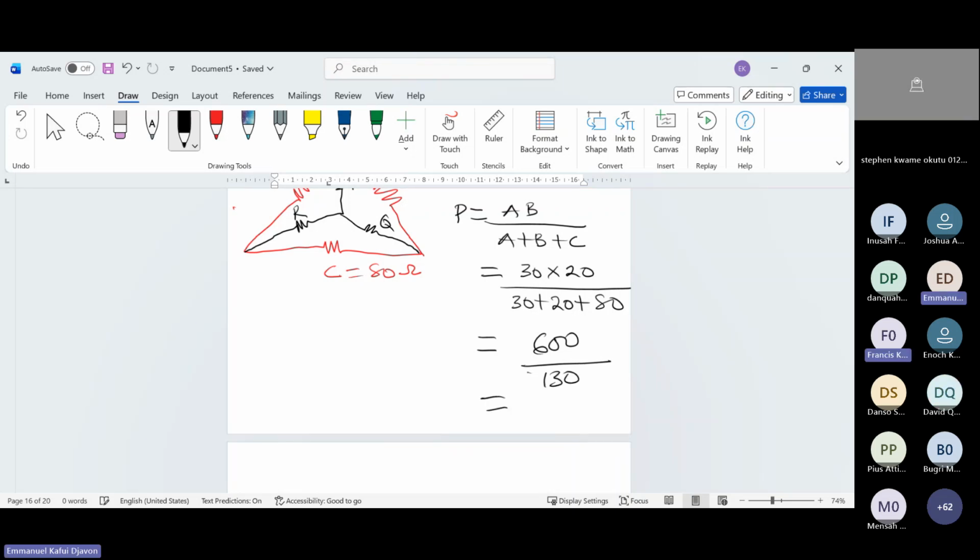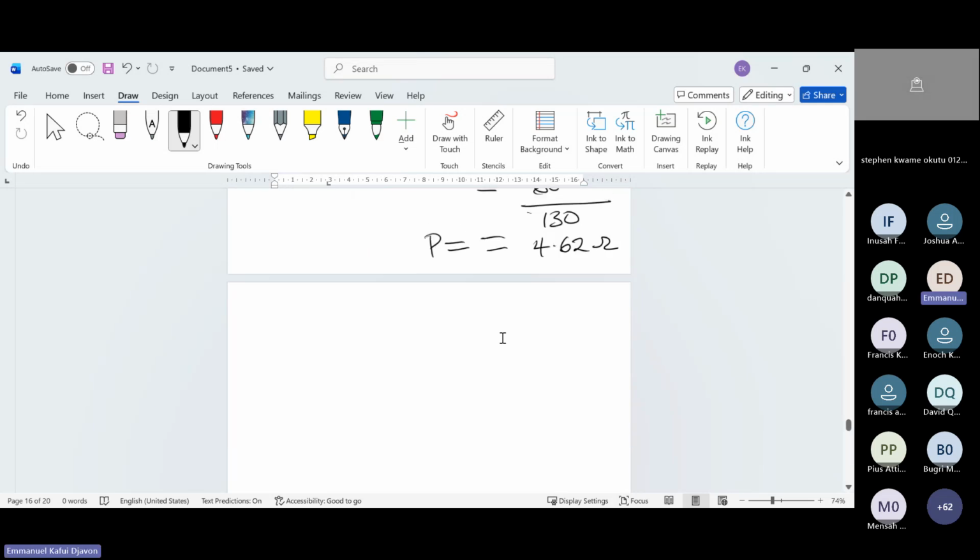That P will be equal to 4.62 ohms. Now, we've gotten P.